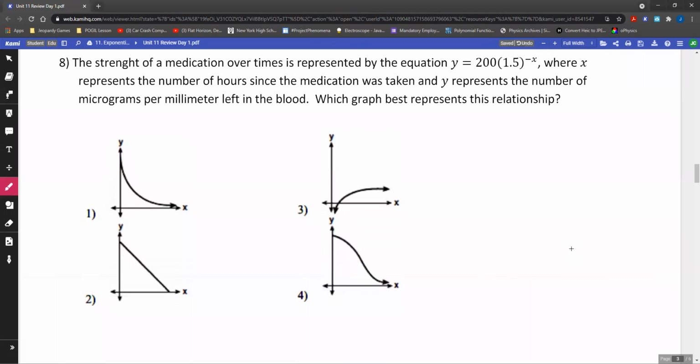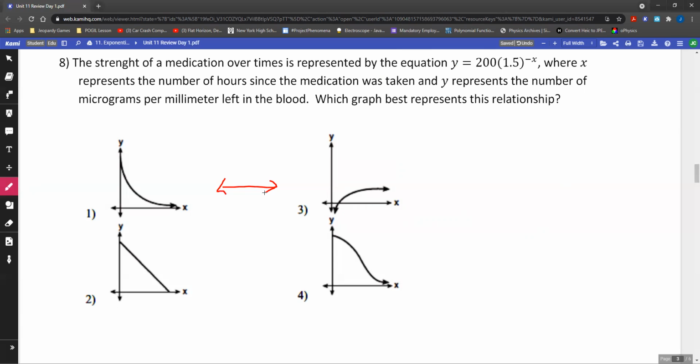All right, down here. So they want to know which one of these graphs will look like our relationship. Again, we can graph it to see what it would look like. Most likely, our choices will be one of these two. I'm thinking it's going to be number 3, so let's just double check. 200 times 1.5.